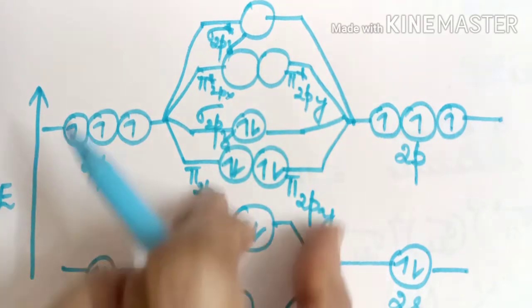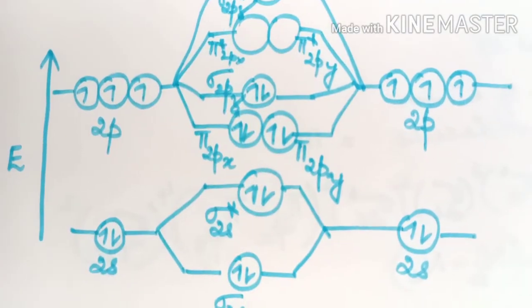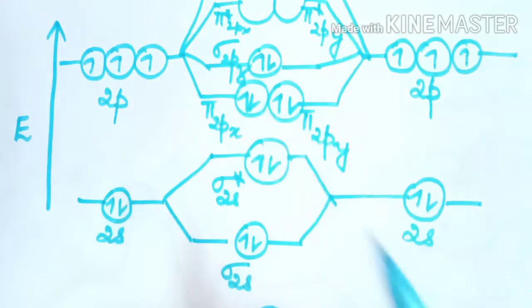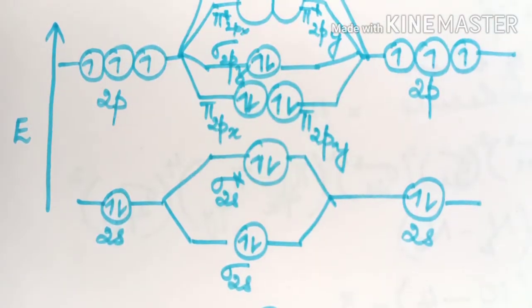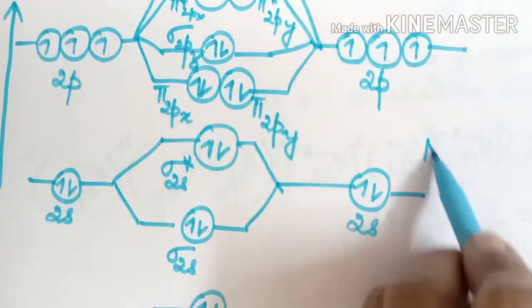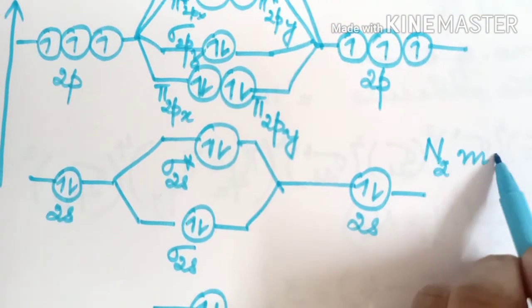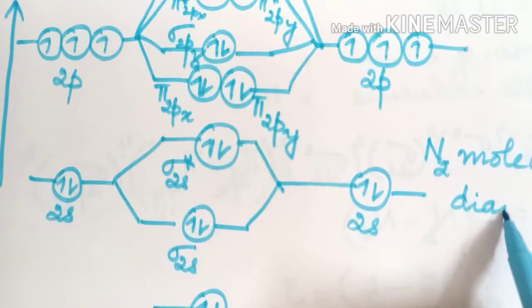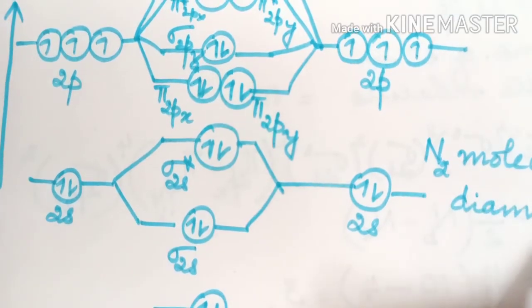On examining the molecular orbital diagram, one can identify that all the electrons present are in the paired condition. That means nitrogen molecule is diamagnetic in nature. That is, it will repel the magnet.